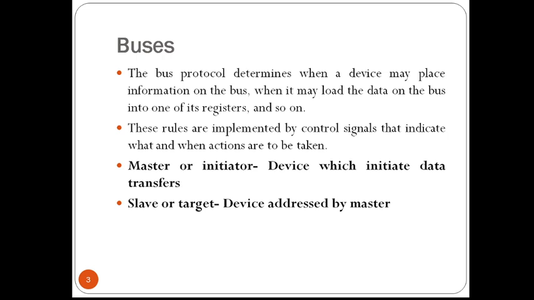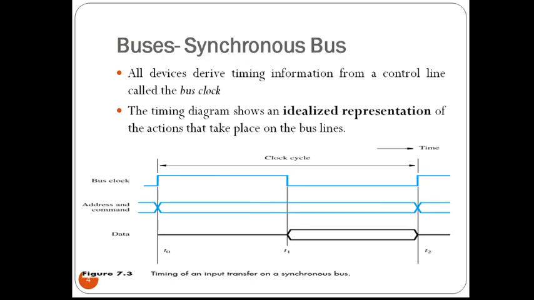Normally the processor will be acting as the master, and other devices with DMA capability can also become the bus master, but ideally it will be a processor. The device addressed by the master is referred to as a slave, or you can also call it a target. So the devices addressed by the master can be called either a slave or a target in case of master-slave architecture.